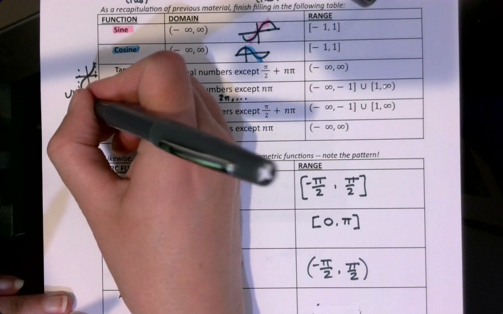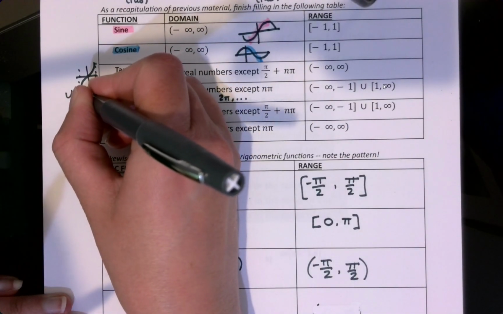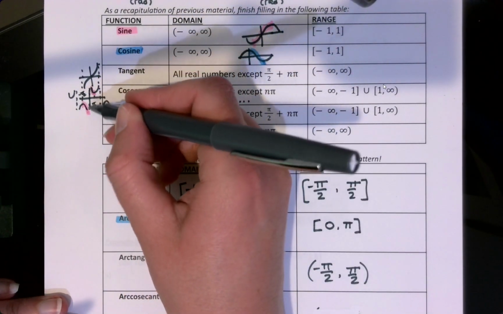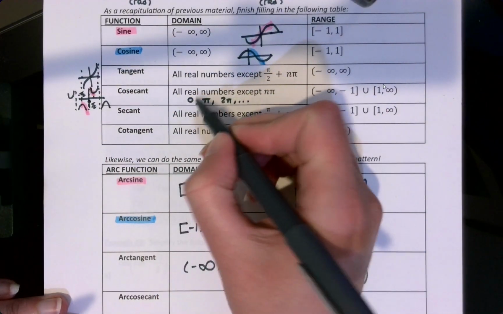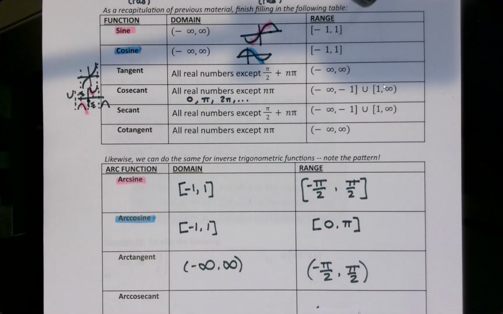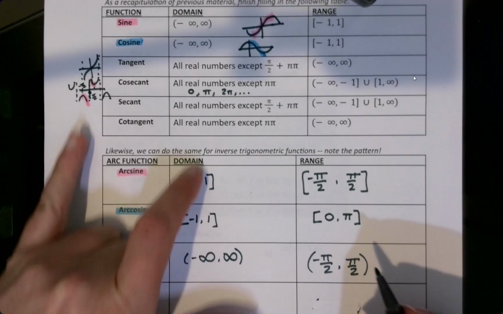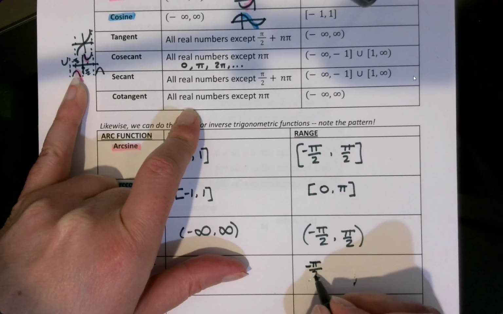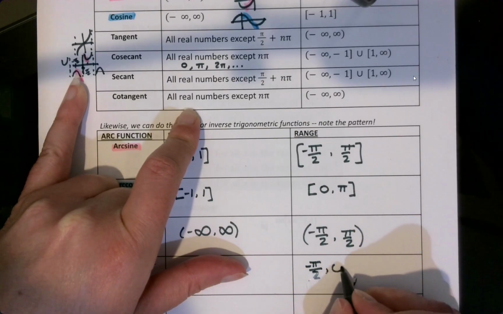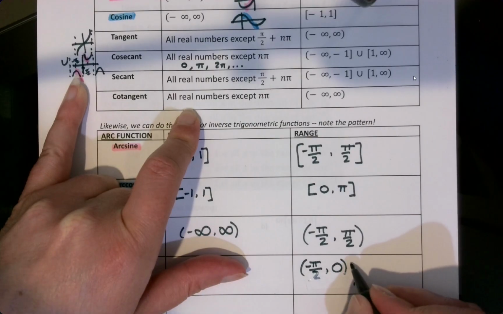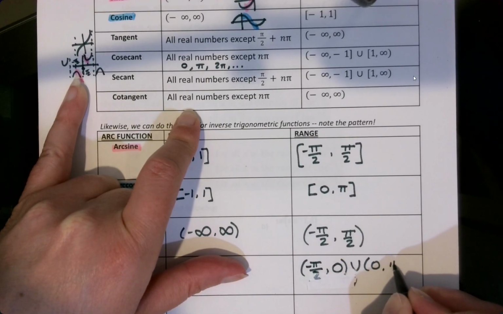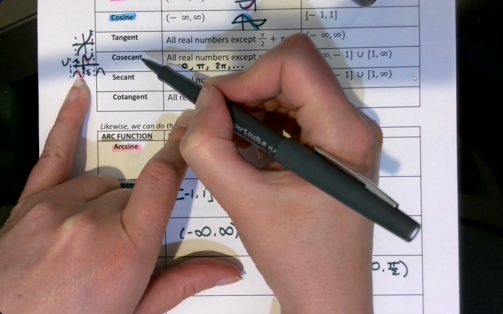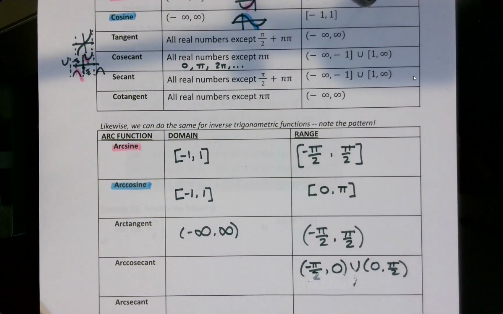So we've got ourselves negative pi halves and pi halves. And then we have to exclude 0 because 0 is an asymptote. So when we get to the range, our range is going to go from negative pi halves up to 0. And then it's going to go from 0 up to pi halves. That's going to be the restricted domain of the cosecant function. That's going to be the range of the arc cosecant function.